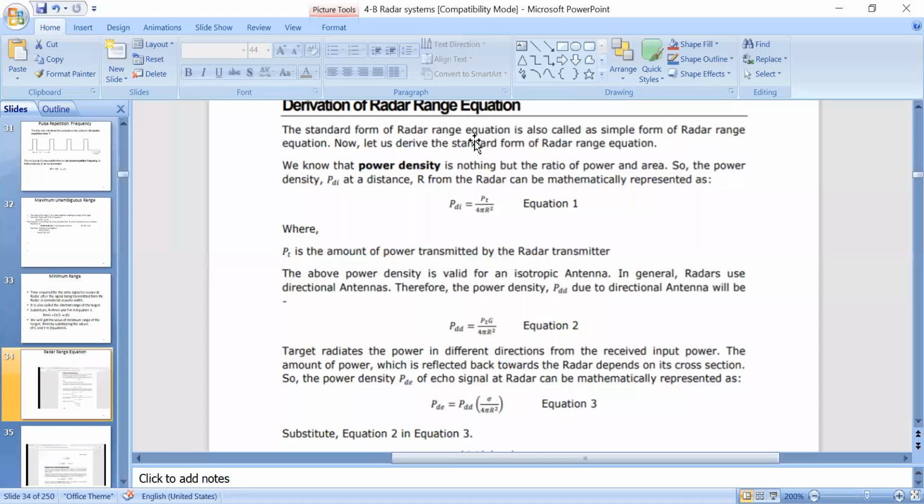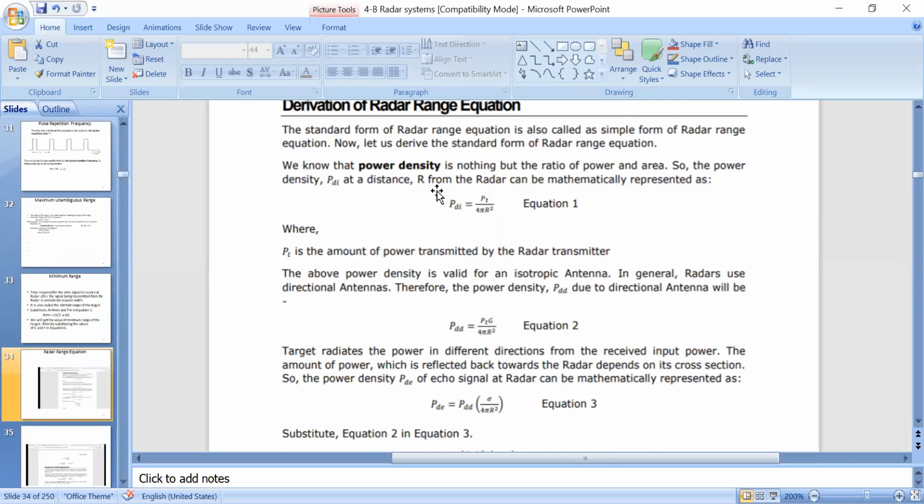In order to derive this radar range equation, we first consider an isotropic source with a power density PDI, where PD is the power density and I denotes the isotropic source. What is the formula for power density?